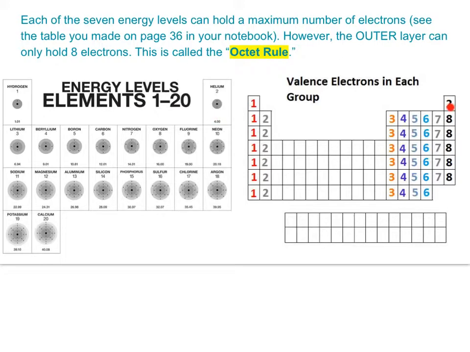It only needs 2 electrons, so it's only going to have 2 in its valence shell anyway. And since it only has 1 shell, because it's in the first row, it's only going to fill up that first shell, and it can only hold 2. So this is the only element that does not go with that whole octet rule thing. This is the only one that's weird.